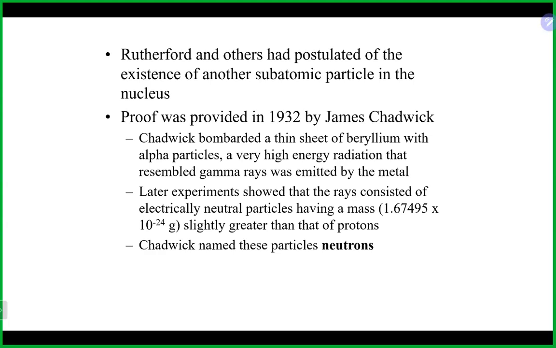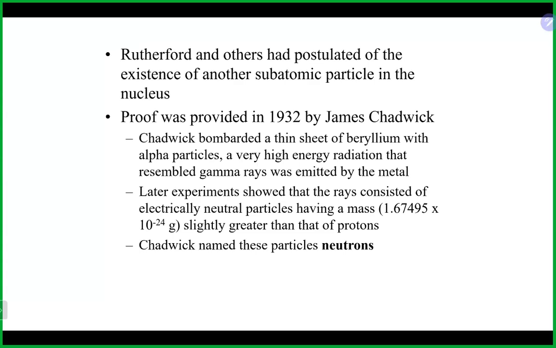Chadwick did a lot of experiments that involved beryllium with alpha particles. And what he noticed coming off of these experiments was there were some particles or rays that were very similar to gamma rays. And if you remember, gamma rays have no charge.